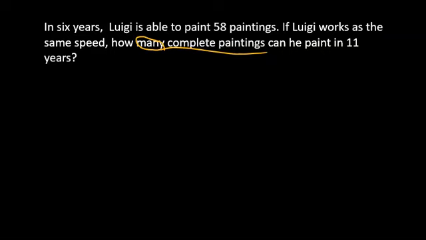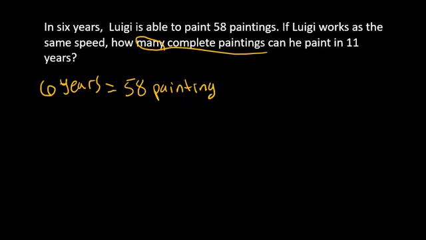It's not asking about years, because it already gave me years, 11 years. Okay. So I have 6 years equals 58 paintings, paintings with an S. If Luigi works at the same speed, which means there's no secret data, this is just what's in front of us, how many complete paintings can he paint in 11 years?